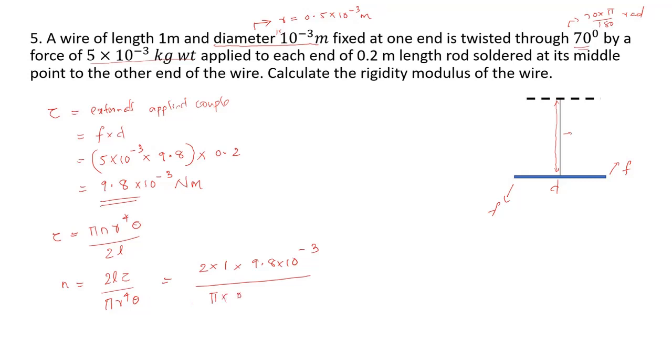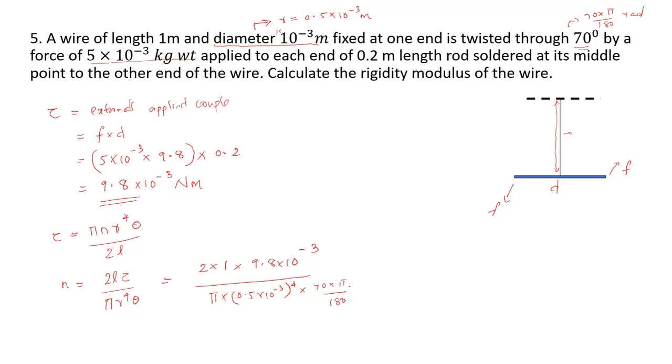So, radius is 0.5 into 10 to the power negative 3, the whole to the power 4, and theta is 70 into pi by 180.